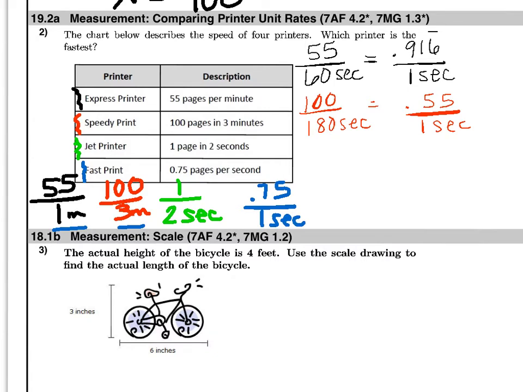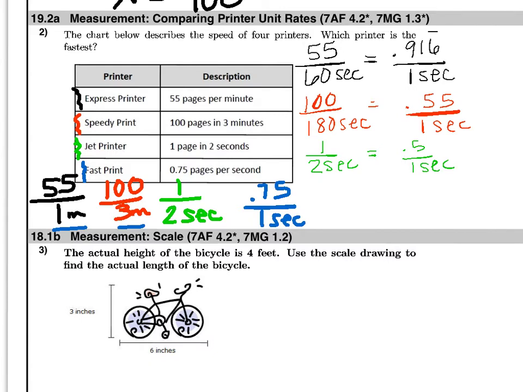Now the green one is in 2 seconds, so he's actually not in a unit rate either. So I need to fix him to make him a unit rate. I had 1 over 2 seconds, but as a unit rate, it's 0.5 over 1 second. So think about it, this is 1/2.